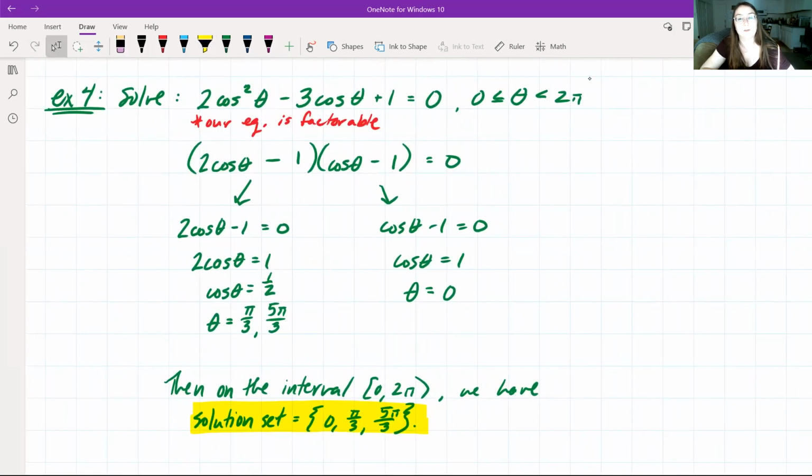And there we have our solution set. If you had to use the quadratic formula, it would end up being the same thing, where whatever answers you finally had in your quadratic formula, you would set those equal to 0 as well and find those values.